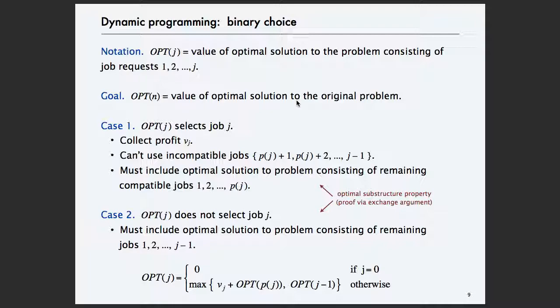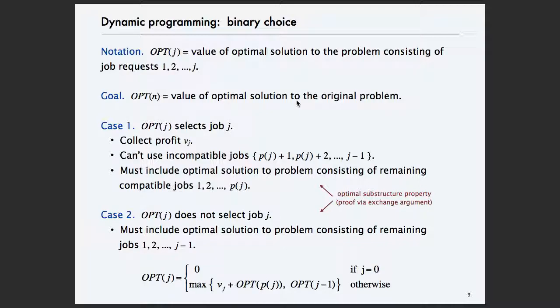Now, how do we calculate OPT of N, or how do we calculate OPT of J? There is basically two cases. One is, oh, we include J in the optimal solution. So what is going to happen if we include J in the optimal solution?